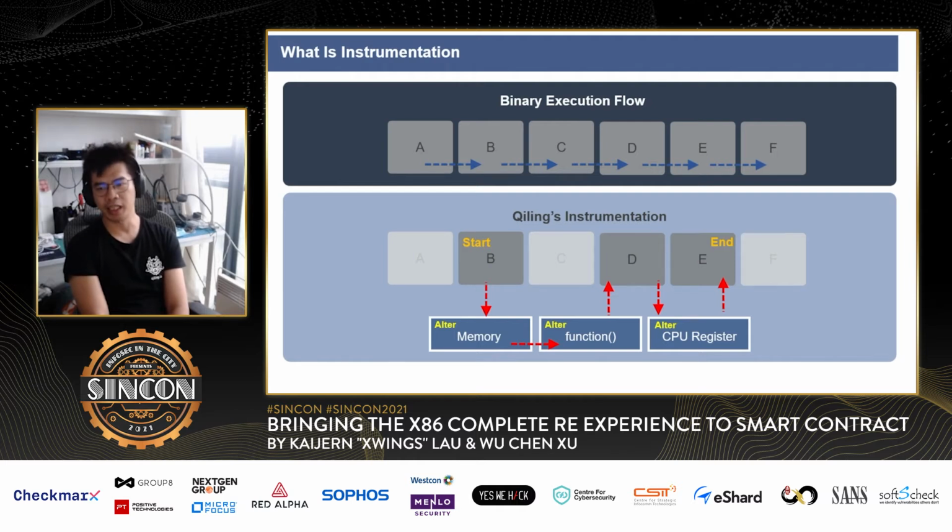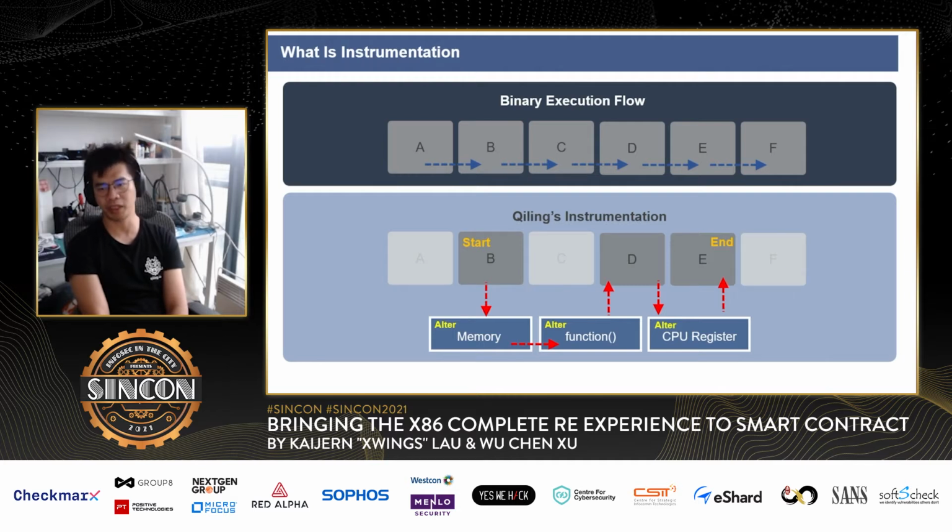Imagine you are dealing with a fairly large binary. By cutting off certain parts of the execution, it is going to save you quite a fair bit of time. And when it comes to fuzzing, this totally comes in handy. You can fuzz with different CPU registers, different parts of the memory.